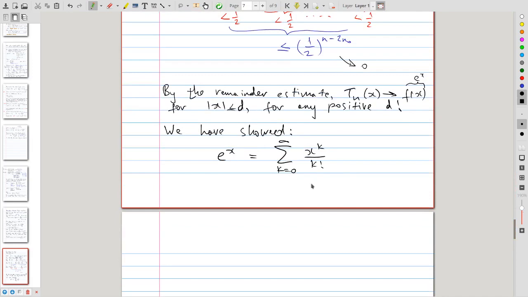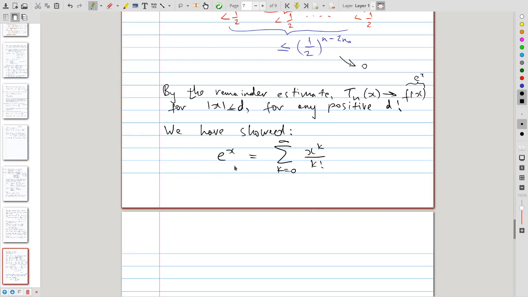So this is a very important representation, both because of the importance of the function e to the x and due to the convenience of this series. This series converges very quickly. So as I already mentioned, you can use it for any computational purposes.